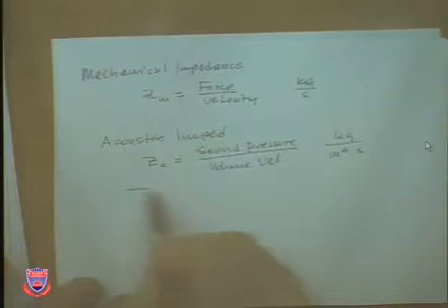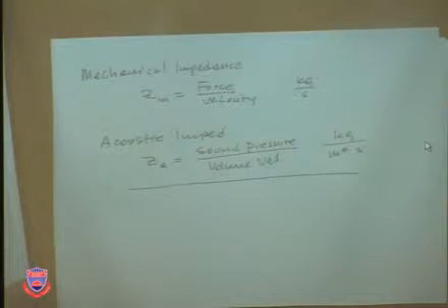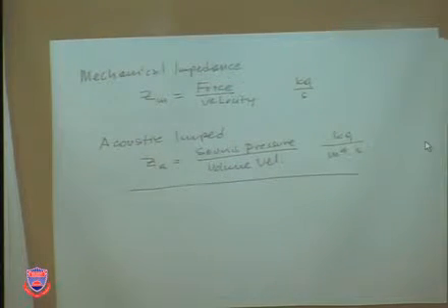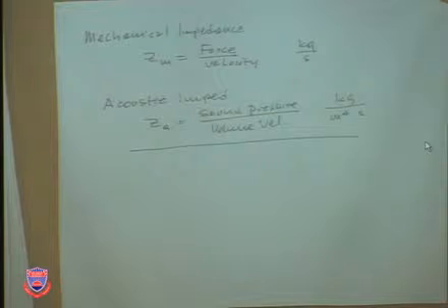Okay? So these are three definitions of impedance that we use. Specific acoustic impedance for plane waves, mechanical impedance for mechanical systems, and acoustic impedance where it is defined as sound pressure over volume velocity.